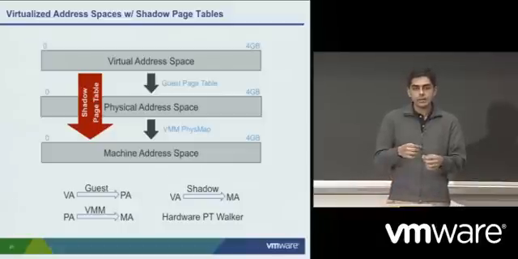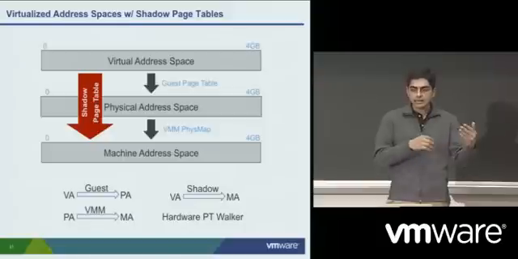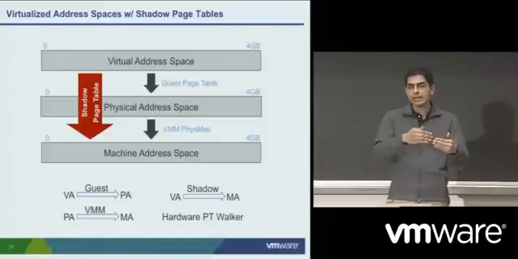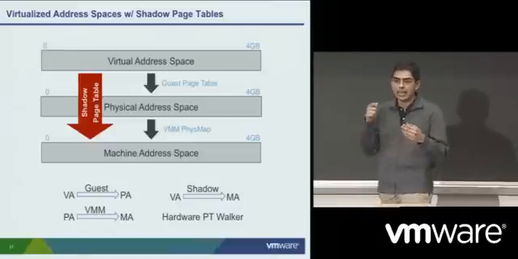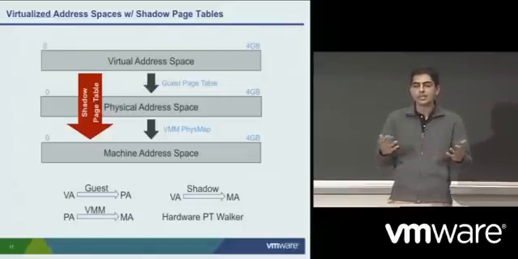Because ultimately, when you run the guest directly on top of the underlying hardware, the guest application is going to make accesses using virtual addresses. And you need to be able to translate those virtual addresses directly onto machine addresses on the underlying hardware for performance reasons, because you cannot have the monitor intervene at every guest memory access. That's just going to be insane. That's going to be almost equivalent to doing instruction interpretation.